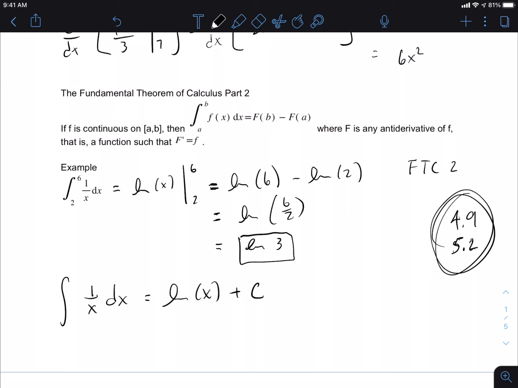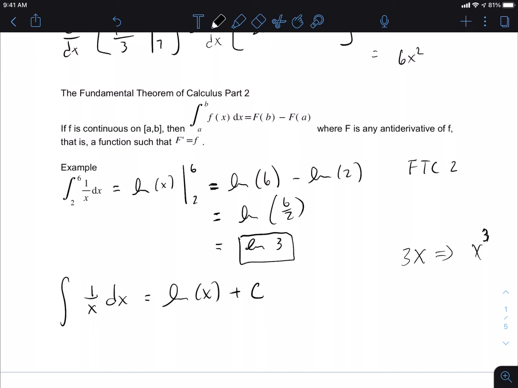Yeah, 4.9, the antiderivative is just basically thinking of the derivative backwards. So something like this. Let's say I gave you this. If that's the derivative, what was the original function? X cubed. Almost. Or x squared.